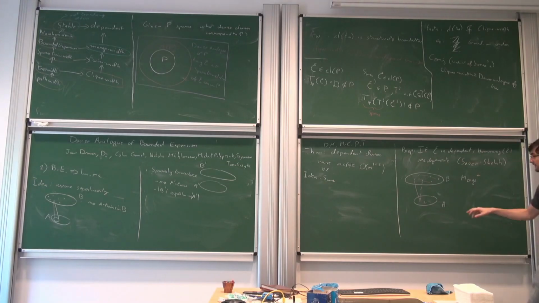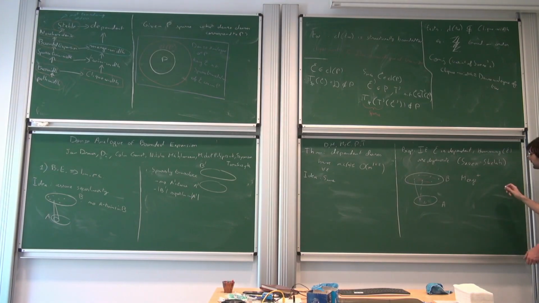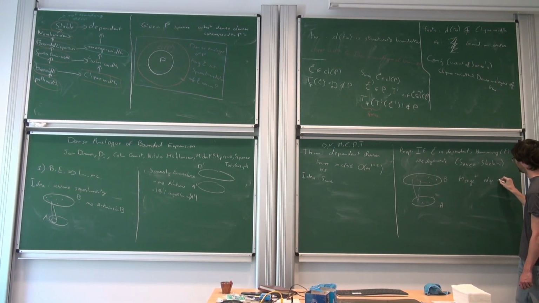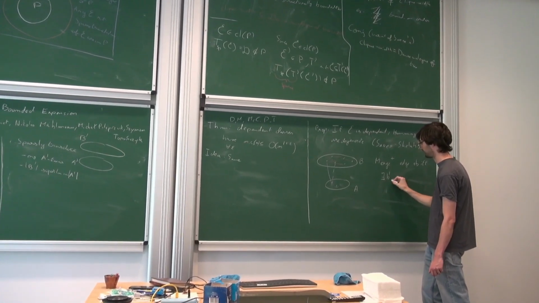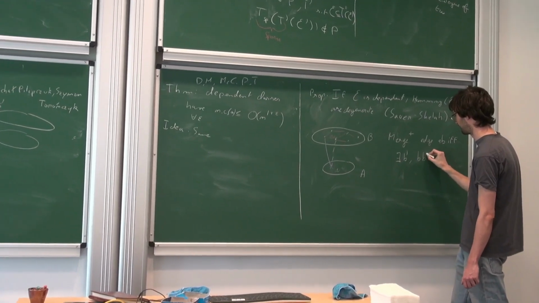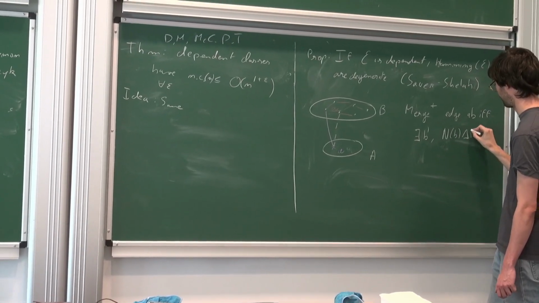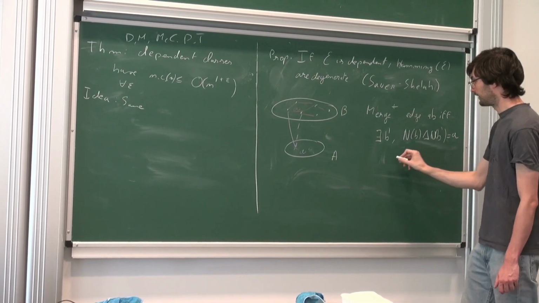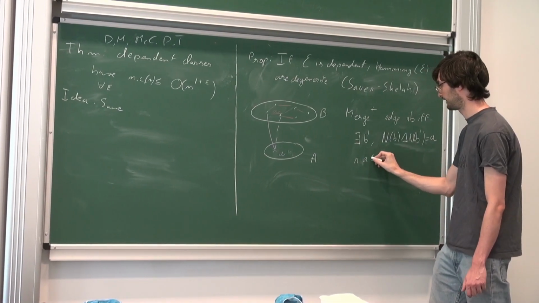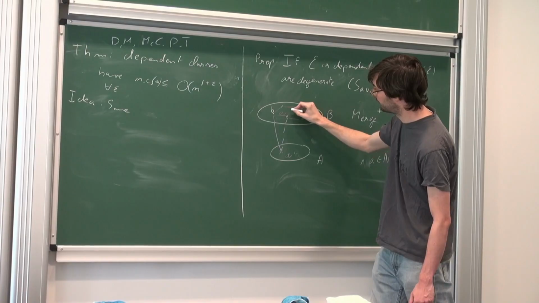So the merge graph is exactly the graph relating this vertex to A. There is an edge AB if and only if there exists some B prime such that N of B differs from N of B prime on A, and A is in the neighborhood of B. So this would be B, and this would be B prime.